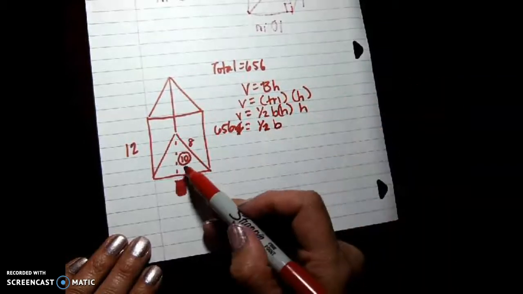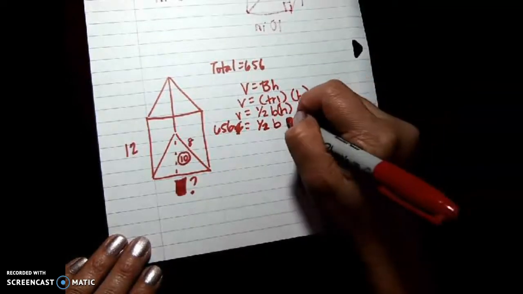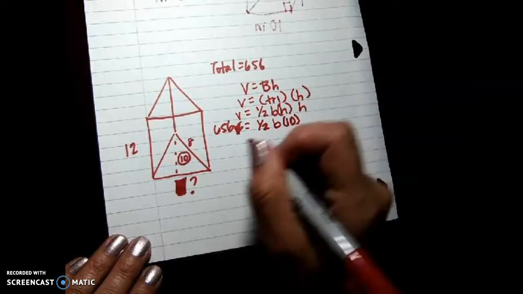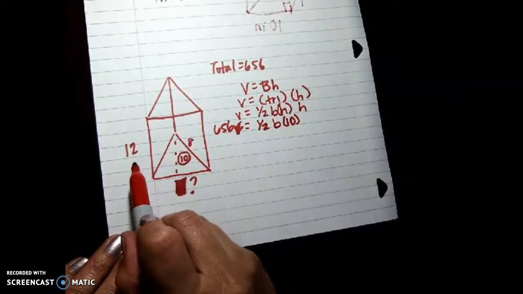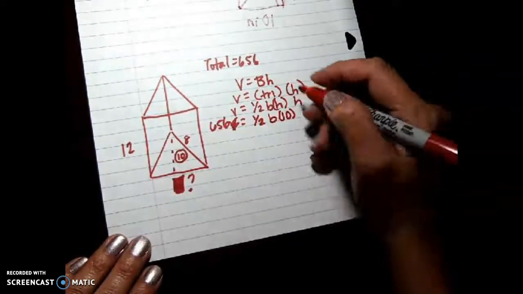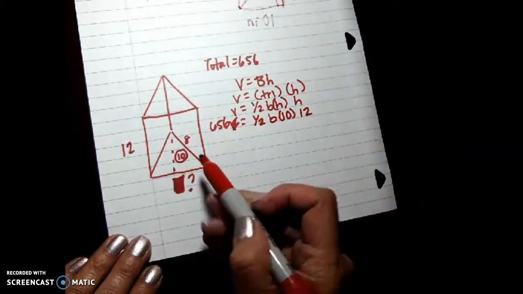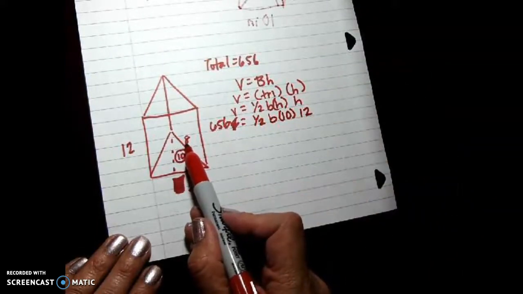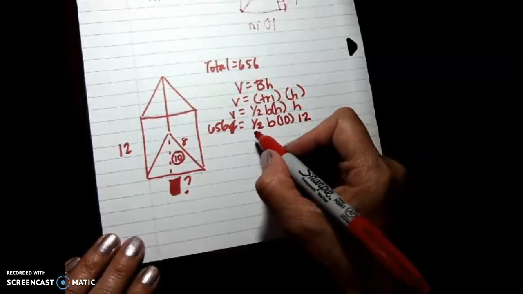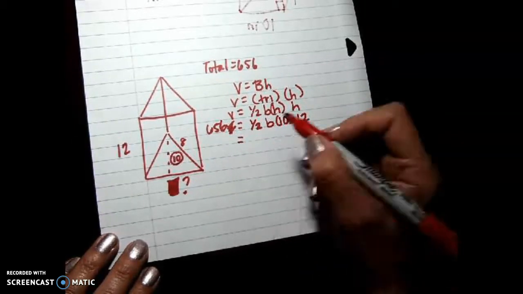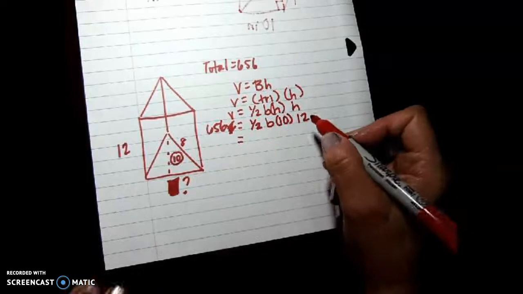The height of the triangle is 10. And the height that connects the bases is 12. 8 is a slant height and is there to distract you. So now I'm going to multiply that.